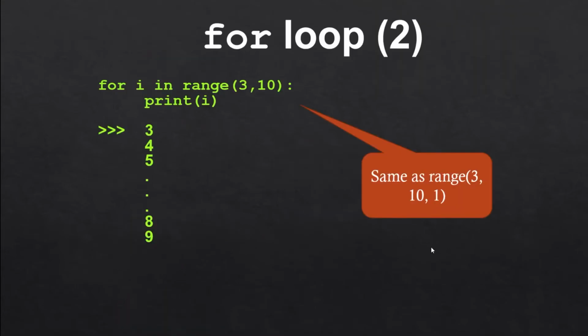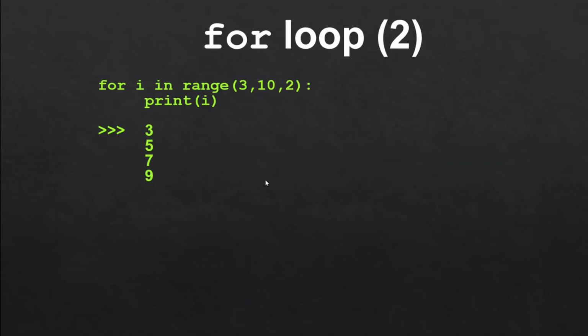Let's look at this one now. Here we have specified a starting point and an ending point as well. We go from 3 to 10. We will include 3, but we will stop at 9. So print i gives 3, 4, 5, 6, 7, 8, 9. Again, if I never indicate the last comma, the step is taken as 1.